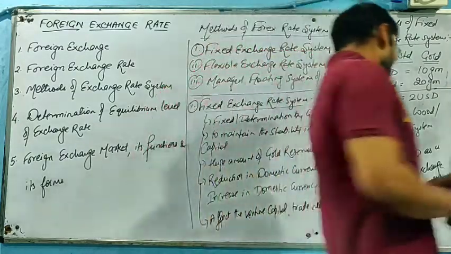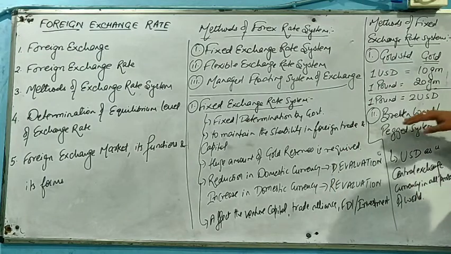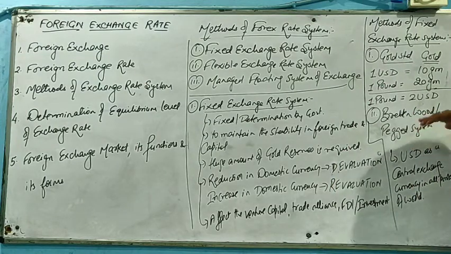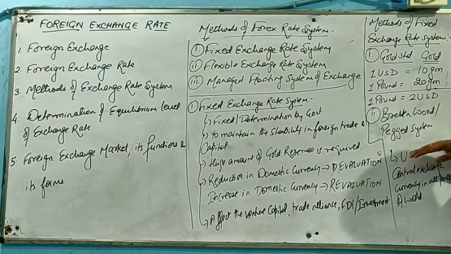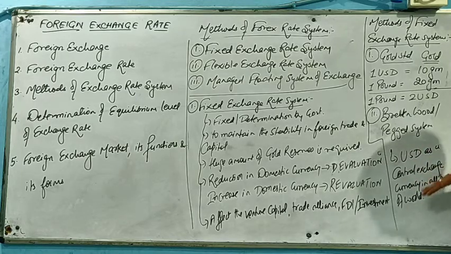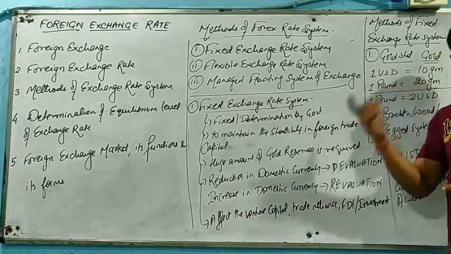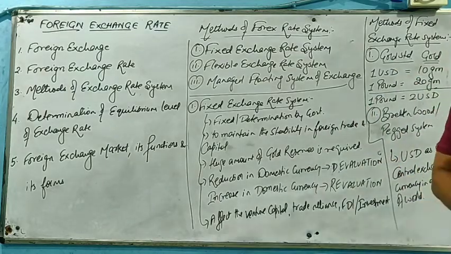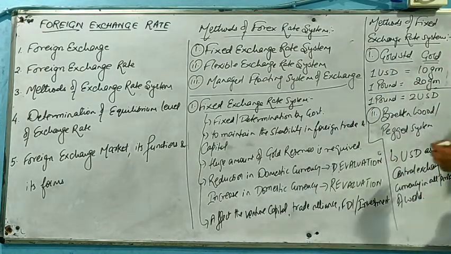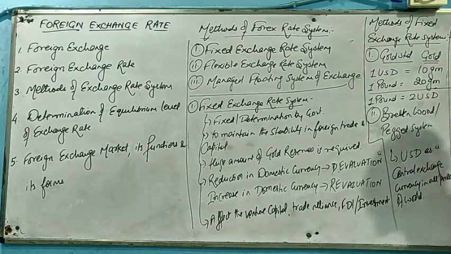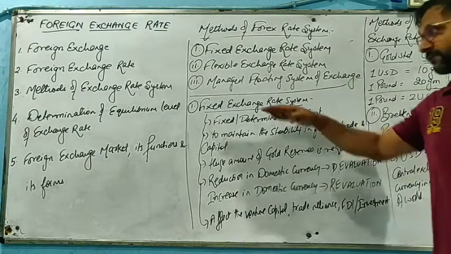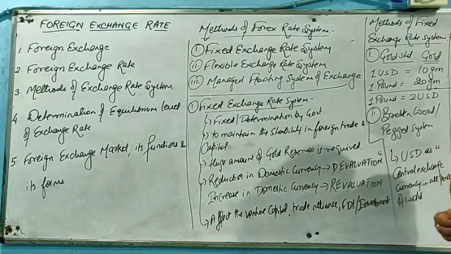Right? Now, in that Bretton Woods peg system or lot system, where we made the US dollar a central exchange system, again the gold reserve was required to be maintained by every other country's currency. So these are the two methods of fixed exchange rate system.